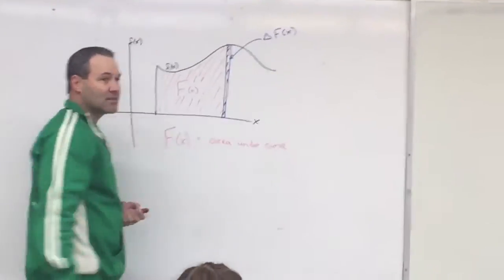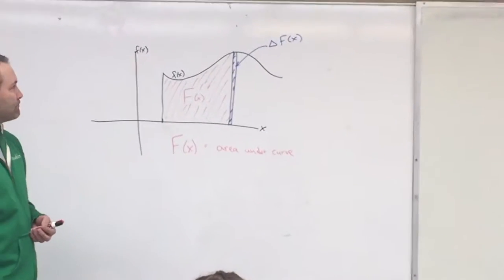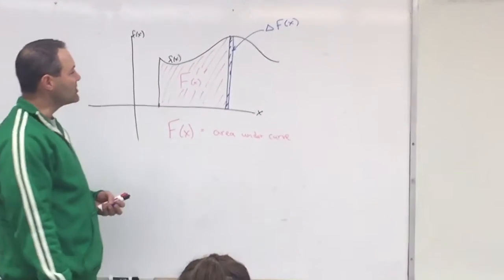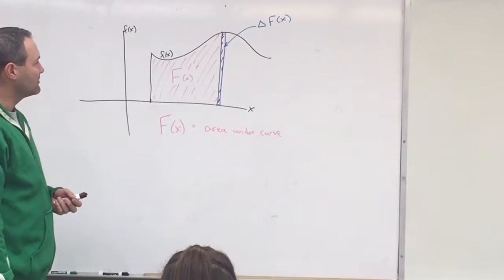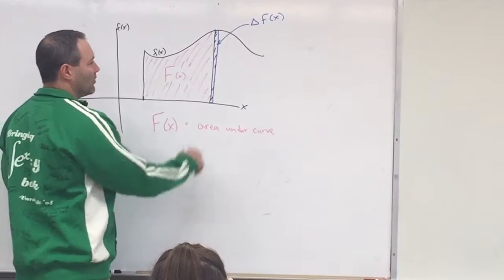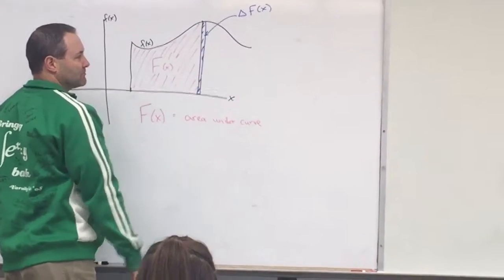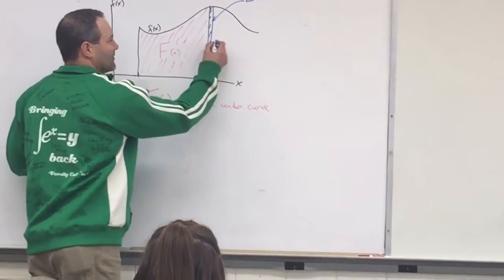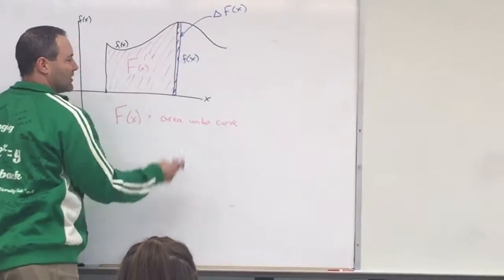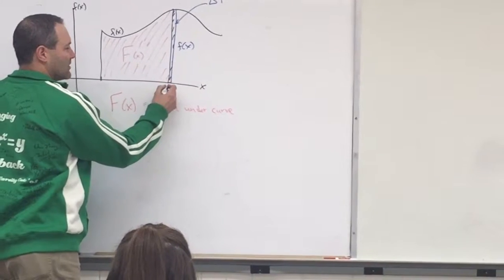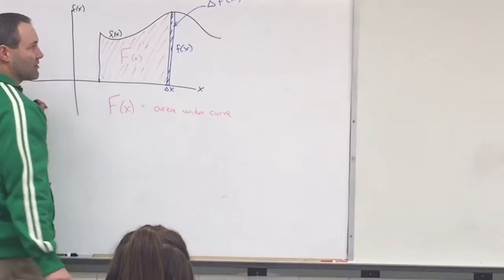True? That rectangle? And what are the dimensions of that rectangle? Well, how tall is it? Little f of x, right? And how wide is it? Dx, or delta x, right?